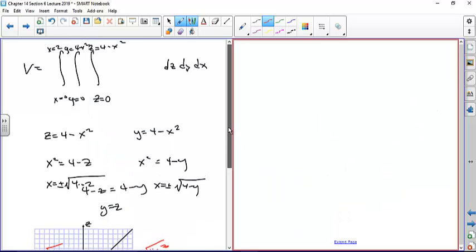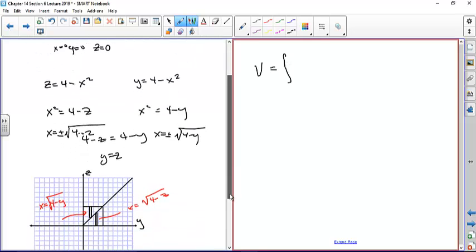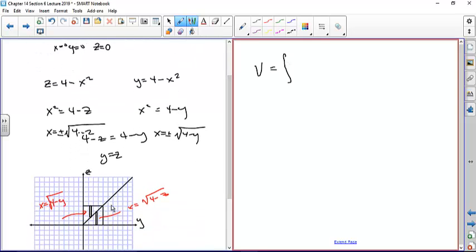So I think you're going to have two volumes, and the first volume is associated with, let's do this one first, this lower triangle. So we're going to integrate from y equals 0 to y equals 4, and the second limits are going to be the boundaries of this rectangle, which is going to go from z equals 0 to z equals y.